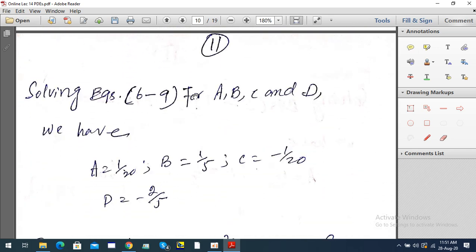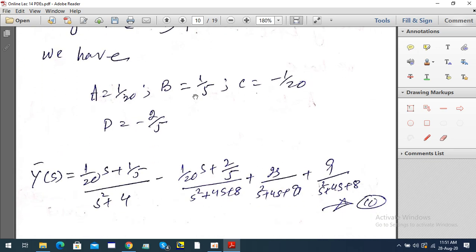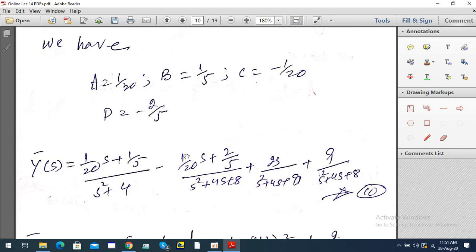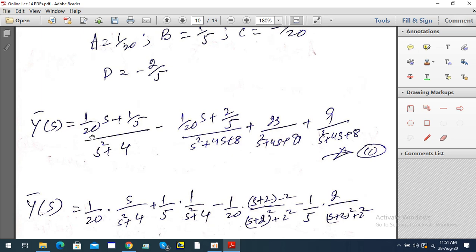Or by elimination methods, you can find A, which is 1 by 20, B is 1 by 5, C is minus 1 by 20, and D is minus 2 by 5. So now y bar is equal to A, 1 by 20, over s square plus 4, minus common 1 by 20, plus 2 by 5 over (s plus 2) square plus 4, plus 9 over (s plus 2) square plus 4.